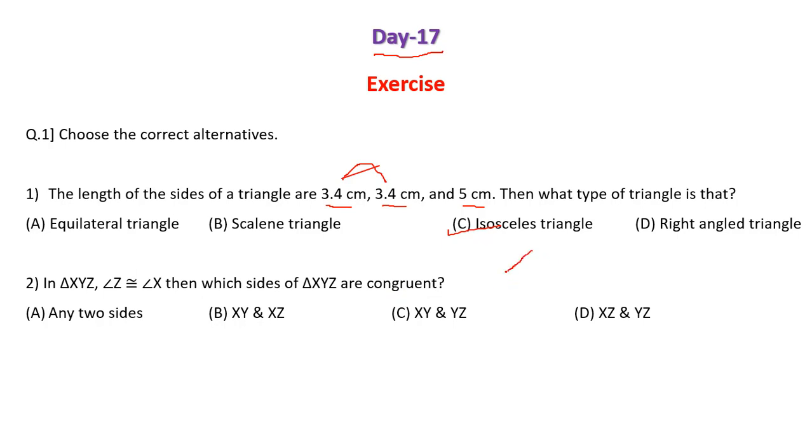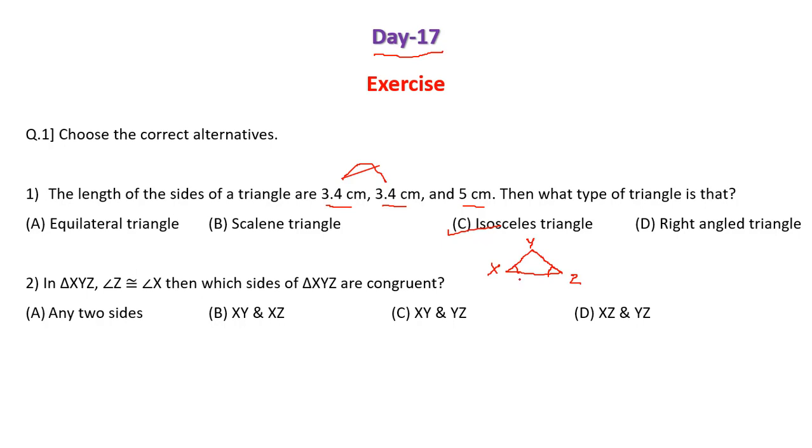We draw here a triangle in this way: X, Y and Z. Angle X and Z are congruent. So which sides of triangle XYZ are congruent?